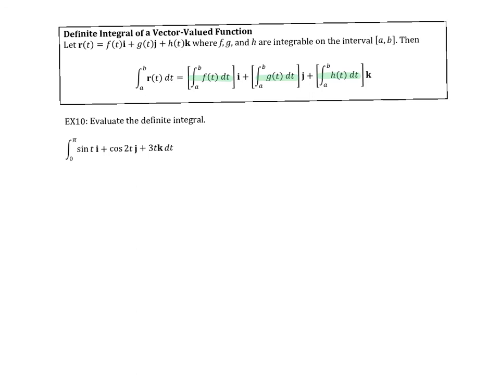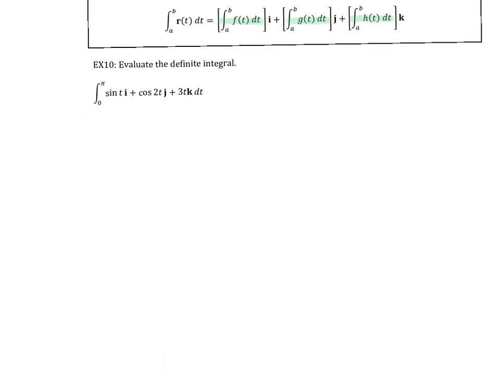You could just look at this. So example 10, I have this integral from 0 to pi of sine i, cosine 2t j, plus 3t k. So technically I can split this up into 3 integrals, but I don't have to, because when I look at this I say, oh, well, the antiderivative or the integral for sine is simply negative cosine.